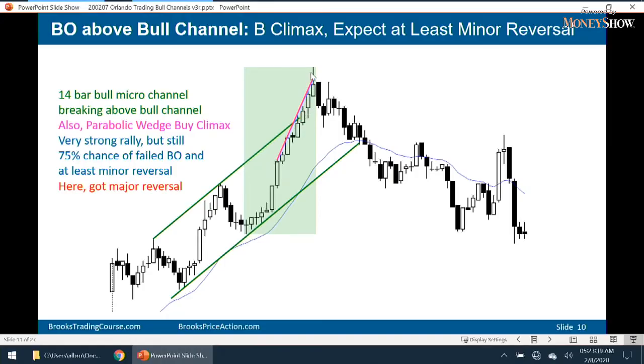Maybe it's going to continue up into a much stronger bull trend. It might, but only 25% chance it will. 75% chance, if you're breaking above the top of a bull channel like this, the breakout's going to fail within 5 bars, and at a minimum, you'll pull back to the middle of the channel. Usually you pull back to the bottom of the channel, and sometimes you reverse below the bottom of the channel.